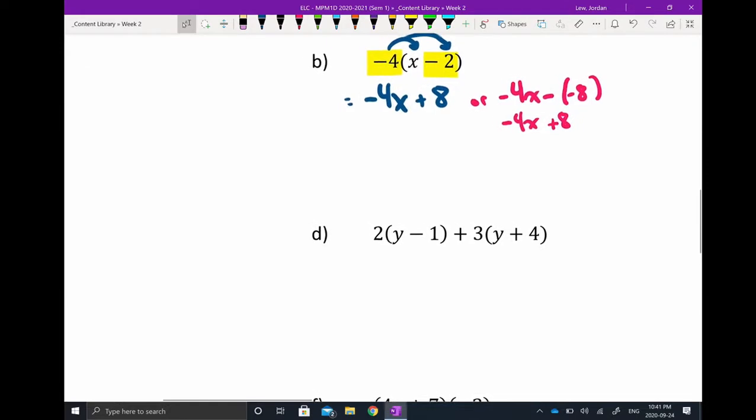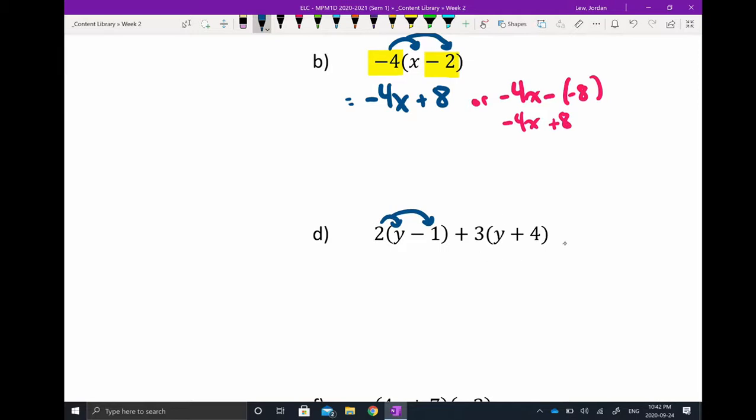In D we have the same thing, except we have 2 sets of brackets now. That's not going to change anything. It just means that we may have some more work in the end. So I have 2 times y minus 1 plus 3 times y plus 4. The key thing here, the 2 in the first bracket is only going to multiply the things within the bracket it's attached to. So it's only going to multiply the y and the negative 1.